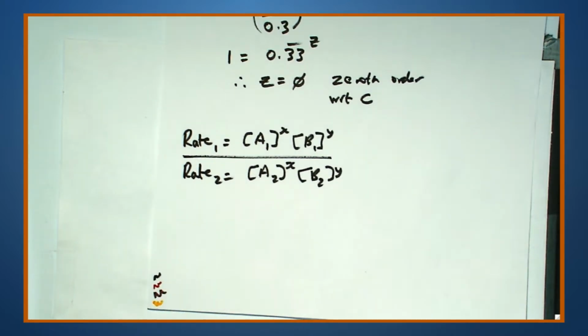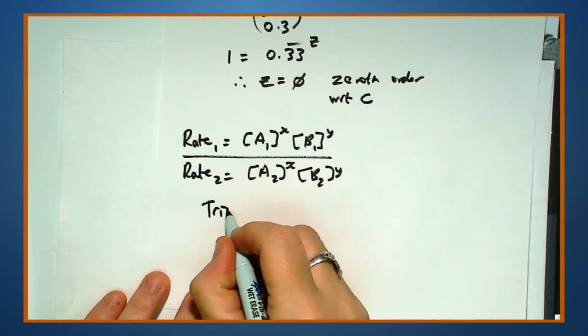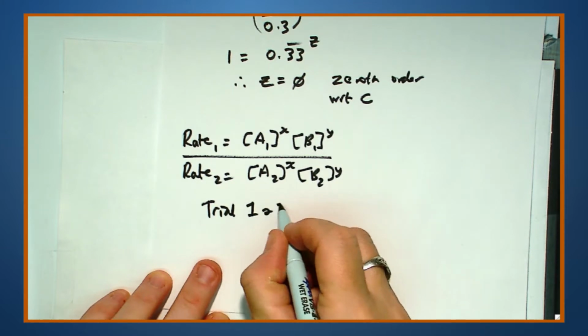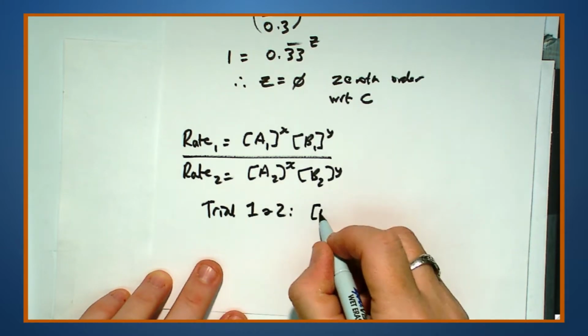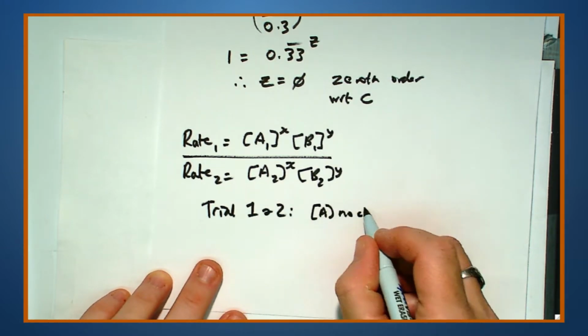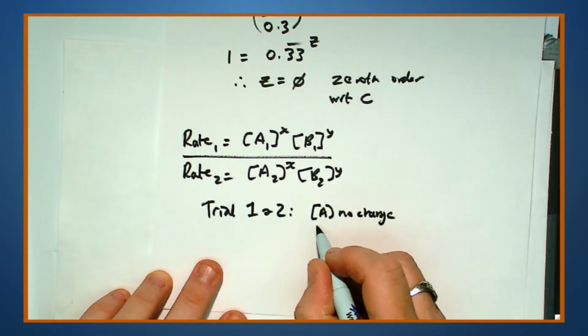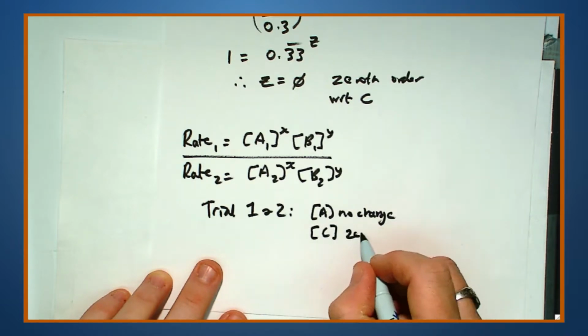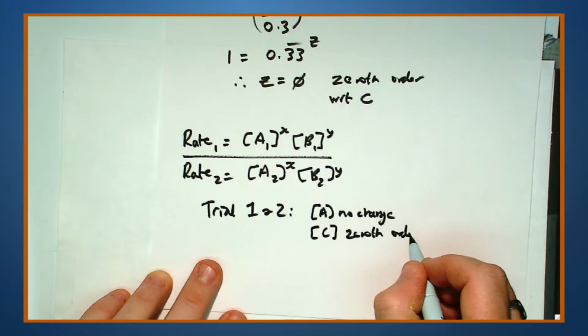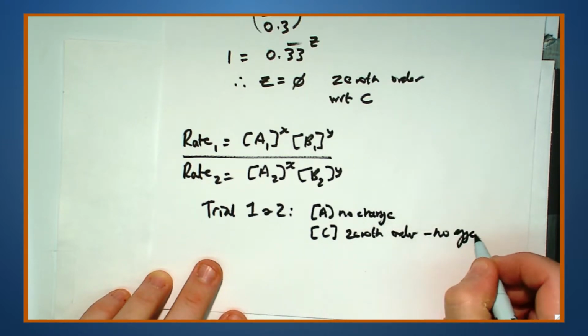Okay, so trial 1 and 2. We're going to just summarize. A, no change. C, 0th order, no effect.